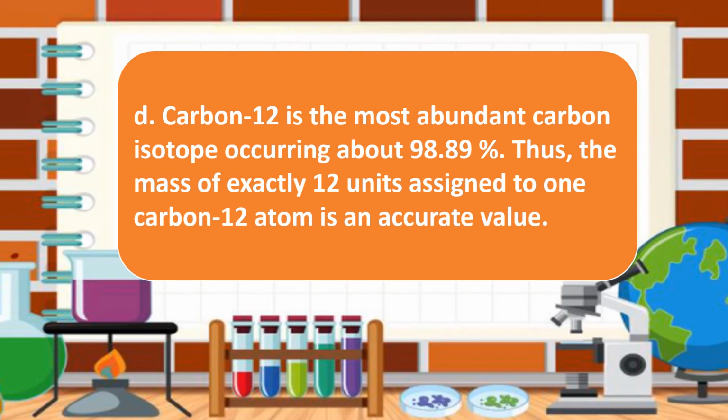And the last reason is carbon-12 is the most abundant carbon isotope, occurring about 98.89%. So it's a lot. Thus, the mass of exactly 12 units was assigned to one carbon-12 atom as the accurate value.